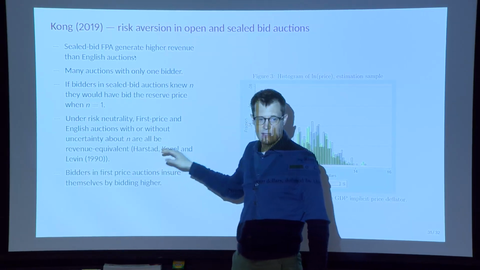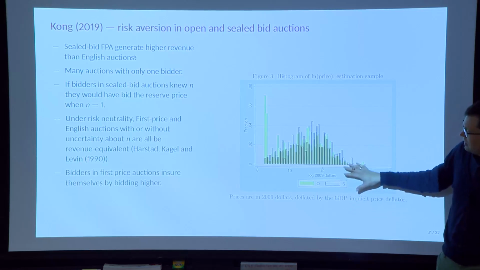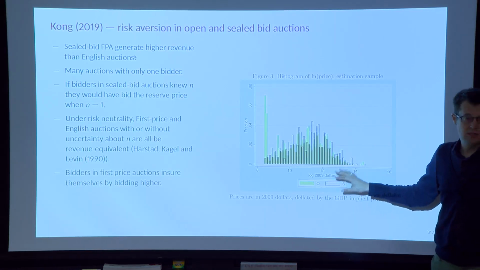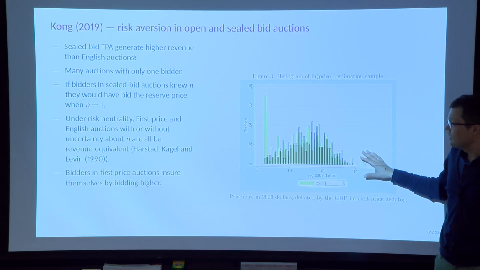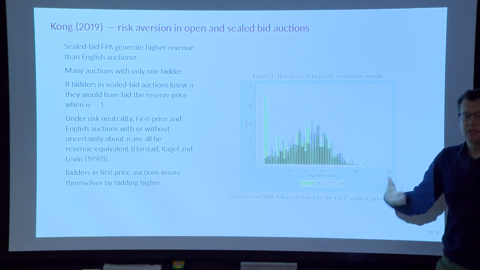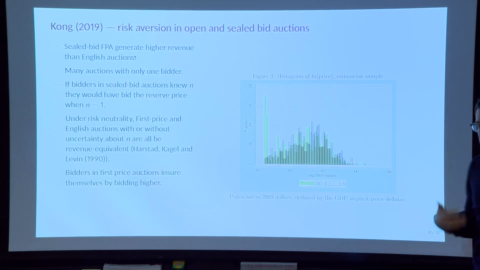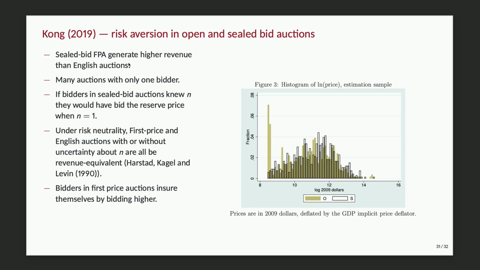The reason is that if the bidders are risk neutral, then uncertainty about the number of bidders is going to be revenue neutral for the seller. And that's not what we observe.